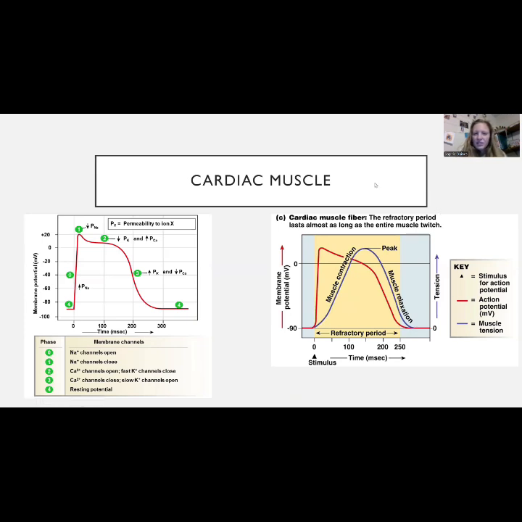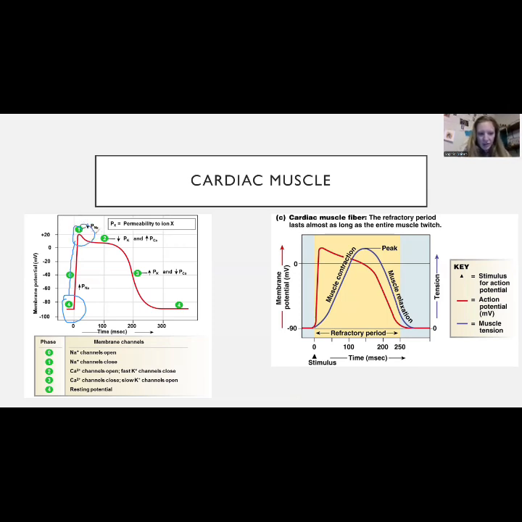You can see over here, you start with the sodium channels opening, and that leads to this depolarization. And then the sodium channels close.